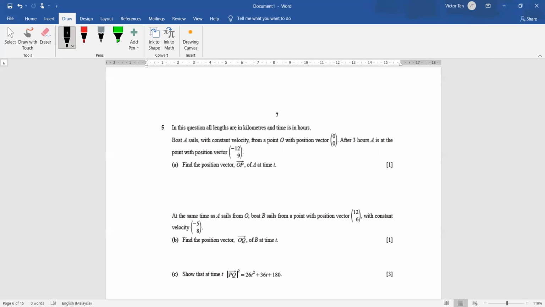So after 1 hour, it will be at this point, which goes to minus 4, 3. So the position vector OP will be equal to t times minus 4, 3.